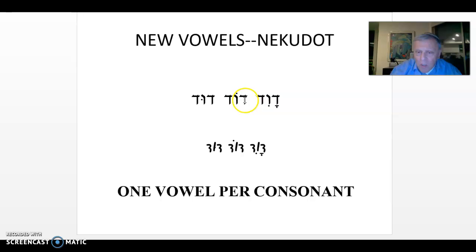If the Daled has no vowel, then the Vav is its vowel. The Vav is not a consonant. It's not V, it's O. It's a vowel. The Daled has no vowel. The Vav is a vowel, not a consonant. So it's Dud.